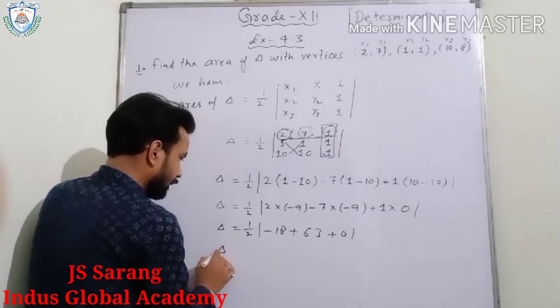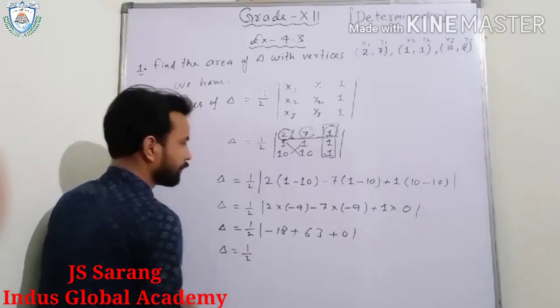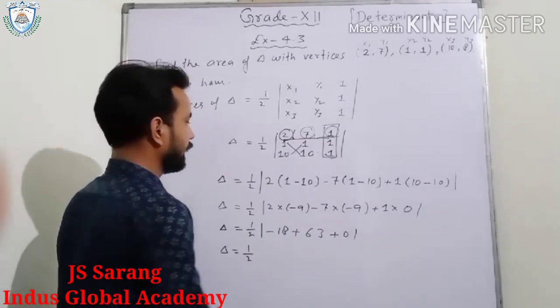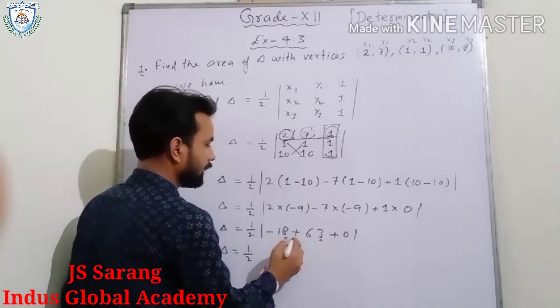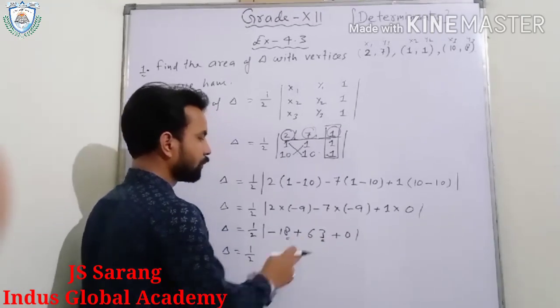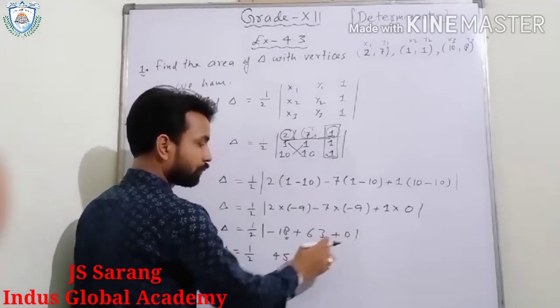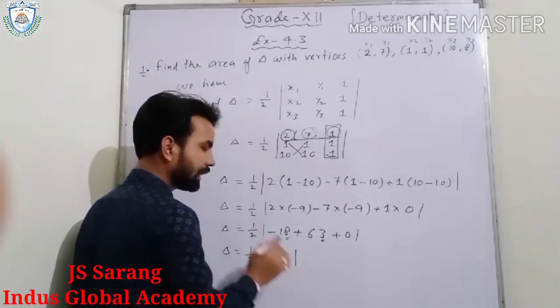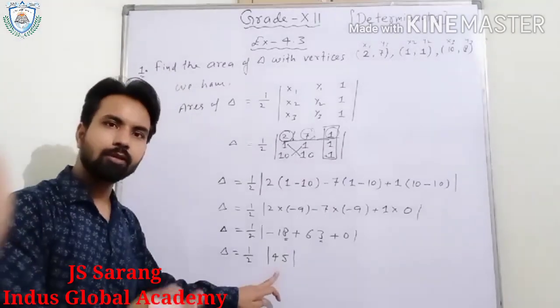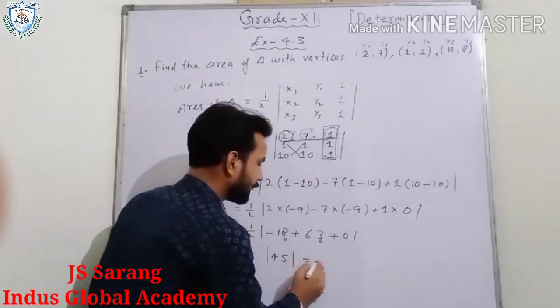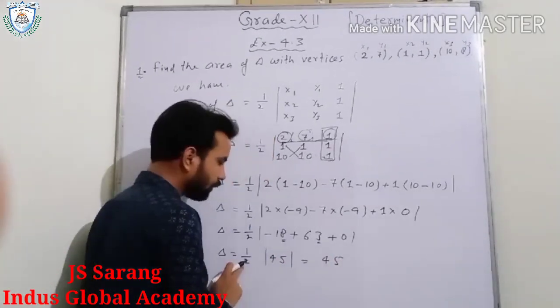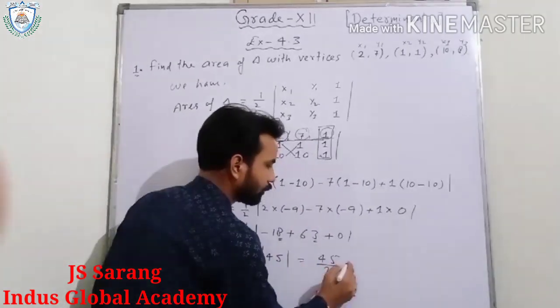Now see, delta equals 1 by 2 of 63 minus 18, that is 45, plus 0, so mod of 45. Now mod of 45 gives you 45 only. So it is 45 into 1 by 2, that means 45 upon 2.